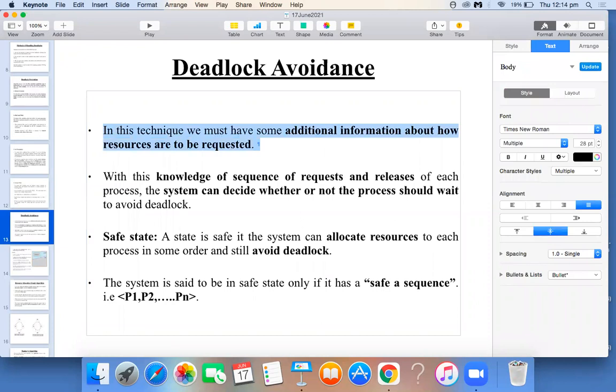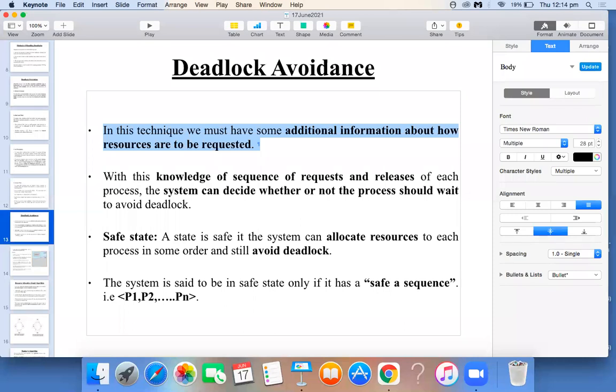How can you avoid the deadlock? You should have some additional information, so that you can predict which resource the process will request in future. Okay, so if you predict, then according to that you allocate the resources to the processes.